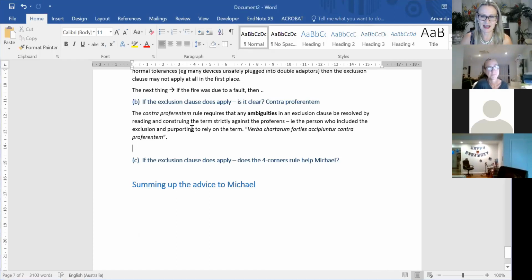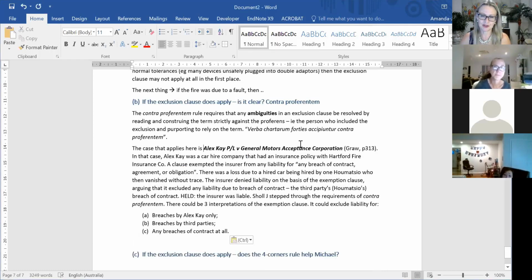The case that I am thinking of here, and I'm unsure, I don't think it's in Wilmot, but it is in Graw, so don't kick yourself if you didn't find this one. Here we had Alex Kay being a car hire company that had an insurance policy, and the insurance policy exempted the insurer from paying out if there was any breach of contract, agreement or obligation.